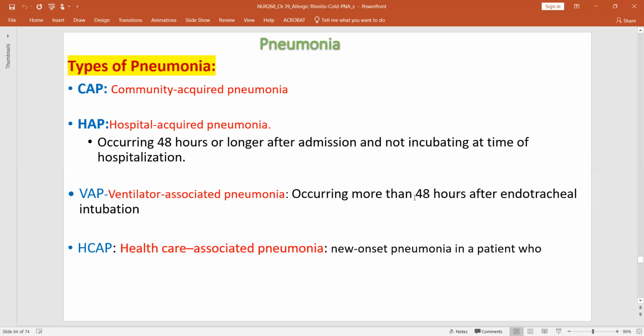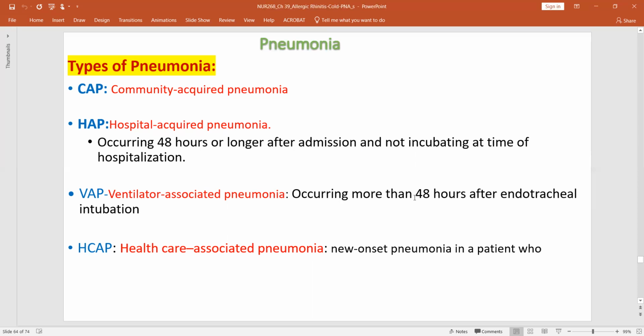HCAP, which is healthcare-associated pneumonia, is a new onset of pneumonia in a patient, and we have 4 different criteria for this. A patient who was hospitalized in an acute care facility for 2 or more days within the 90 days of the infection. A patient who resides in a long-term facility like a nursing home or assisted living.